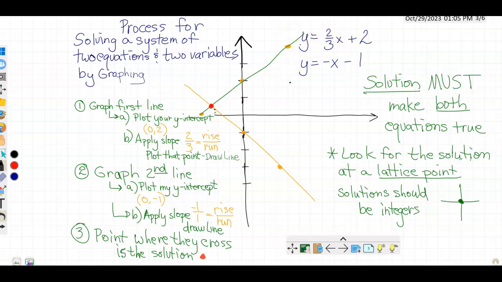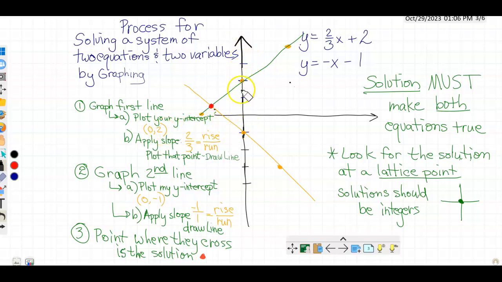And how do you graph a line from y equals mx plus b? Well, you plot your y-intercept, which is b, okay? 0, 2. Remember, your y-intercept is where x equals 0 and y equals something. I said that exactly backwards.